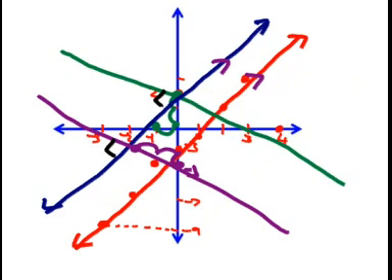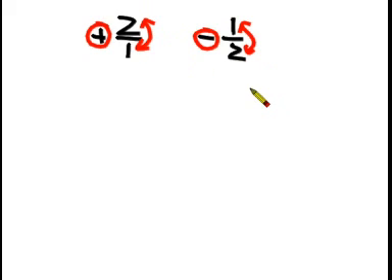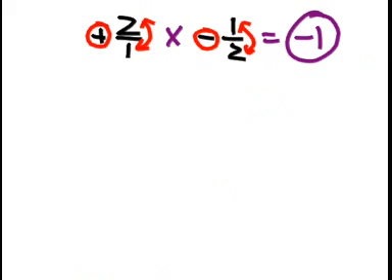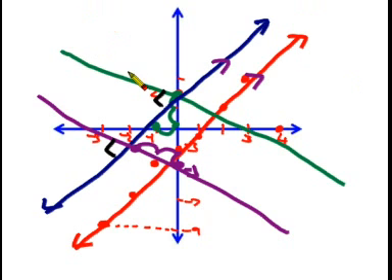So once the gradient is the same, you've got parallel lines with different y-intercepts. If the gradients are the opposite inverses of each other, and you can multiply them to get an answer of minus 1, that is the property. Two gradients being multiplied to give you an answer of minus 1 will then be perpendicular, such as those two that go there, perpendicular to those other two.